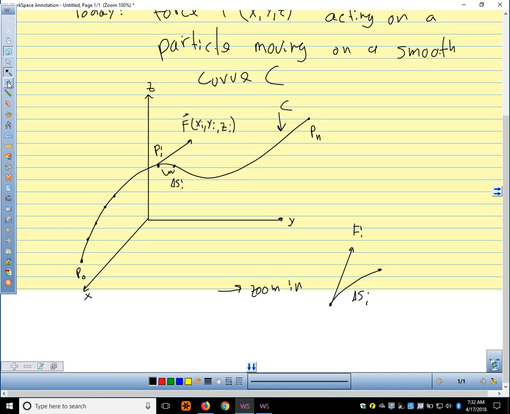And I'm going to draw another vector here. This is our unit tangent vector, T sub i. So T sub i is the unit tangent vector.